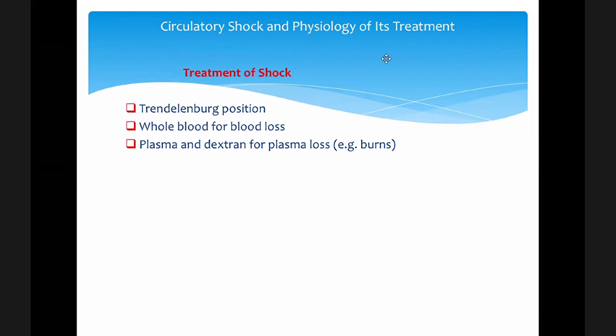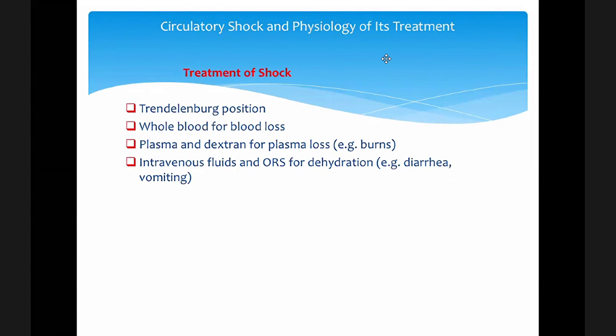Or we can transfuse blood if there is blood loss, or we can just give hydration through plasma or dextran. And then we can give oral ORS, orisol, parang ganun.